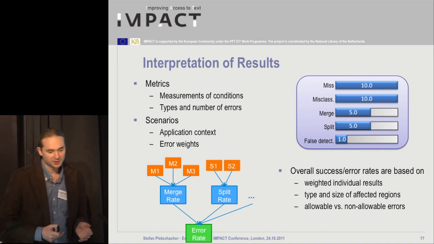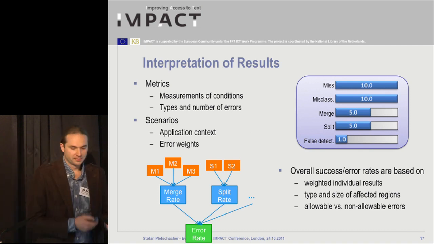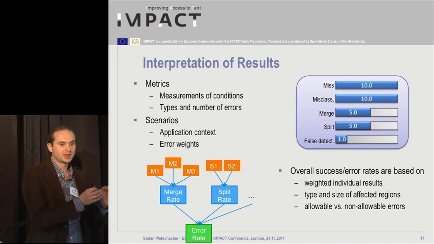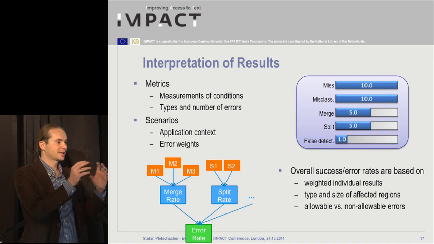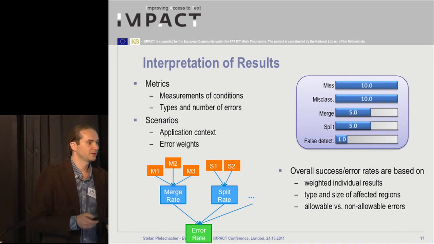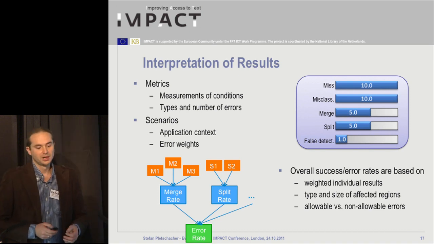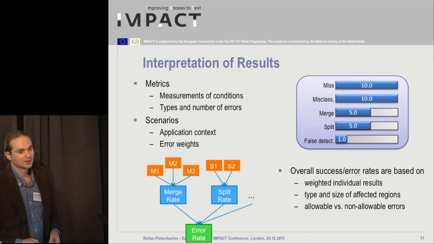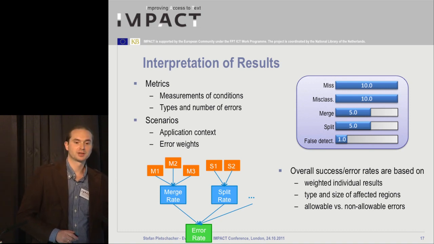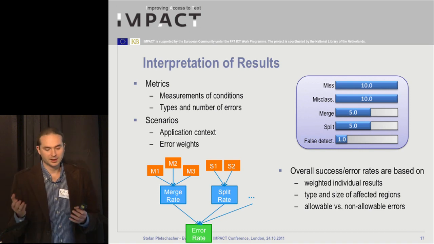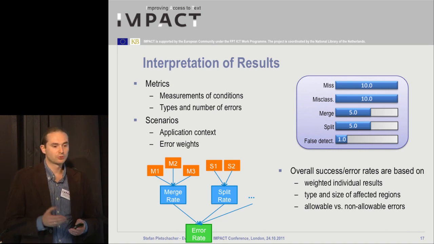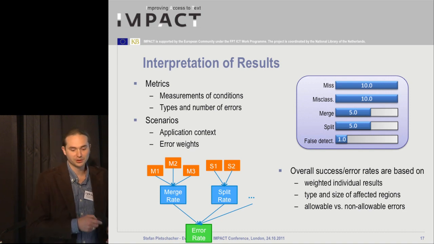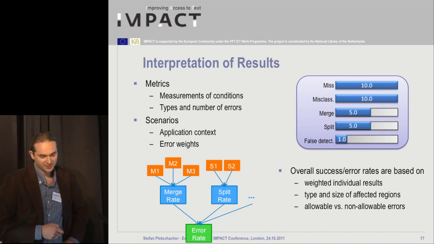The types of errors, the affected regions, say, the size of the area, and so on. That's things we can just measure. That's very objective. And then we have scenarios. That means we put some weights on specific problems, so that you can then come to some overall success or error rate, which basically takes into account all those things.